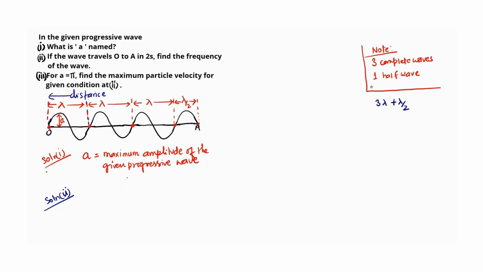So OA equals lambda plus lambda plus lambda plus lambda by 2.